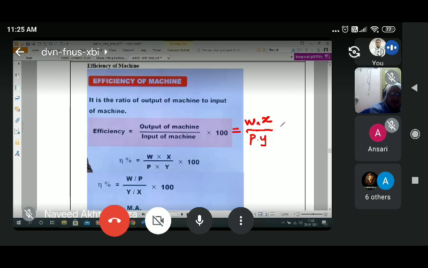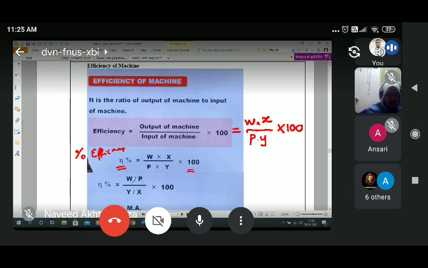Generally efficiency is denoted in percentage, so we multiply by 100 to get the efficiency in percentage. Percentage efficiency is denoted by eta. Eta in percentage is equal to W into X divided by P into Y, into 100.